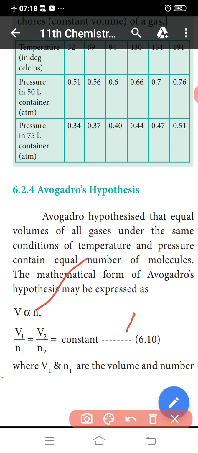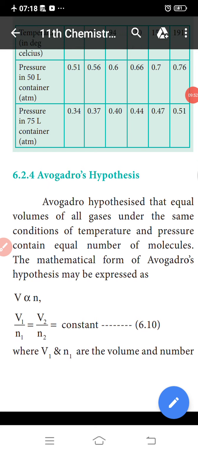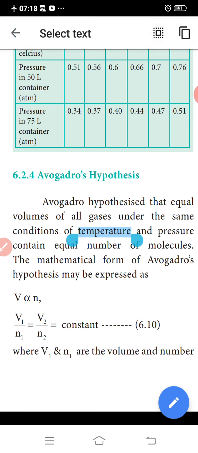The next one, discuss the ideal gas. I already discussed Boyle's law: the volume is inversely proportional to pressure. Next, Charles law: the volume is directly proportional to temperature. The third one, Gay-Lussac's law: the pressure is directly proportional to temperature.